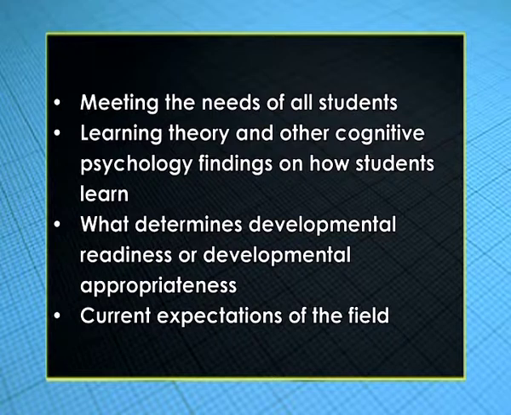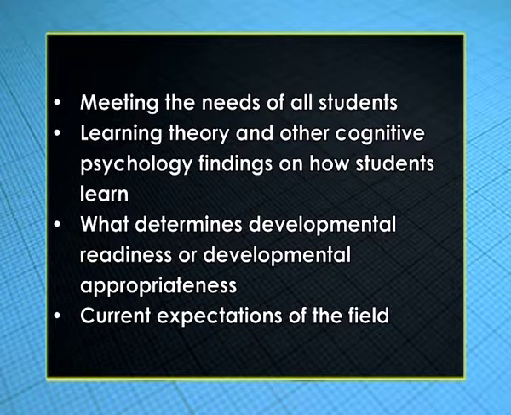Number two, identifying key issues and trends in the specific content area. Research allows a curriculum committee to identify key issues and trends that will support the needs assessment that should be conducted and the philosophy that should be developed. The key issues may be: number one, meeting the needs of all students. Second, learning theory and other cognitive psychology findings on how students learn. Third, what determines developmental readiness or developmental appropriateness.